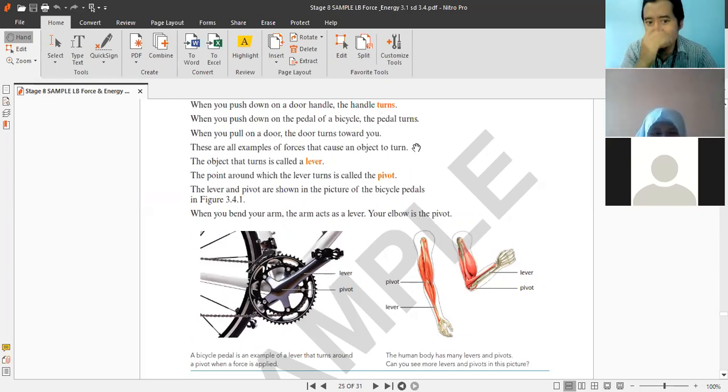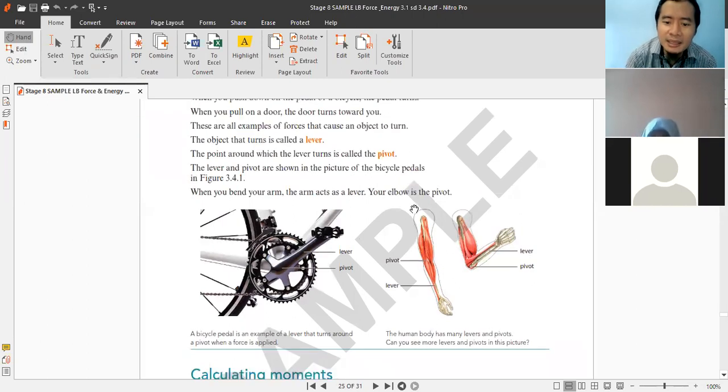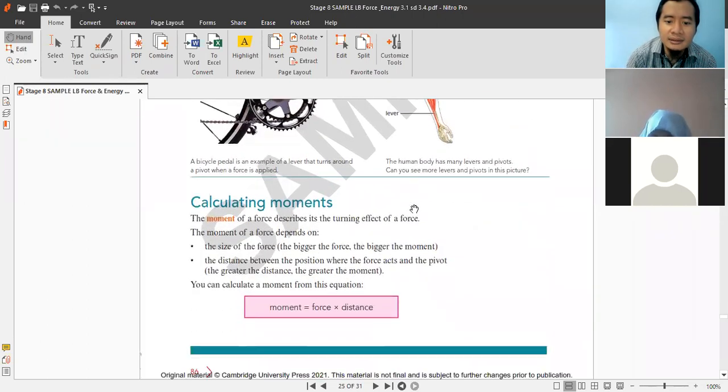When you push down a door handle, that is the moment also. The object that turns is called a lever. The point around which the lever turns is called the pivot. Okay, thank you so much, Mas Atala Rasya.